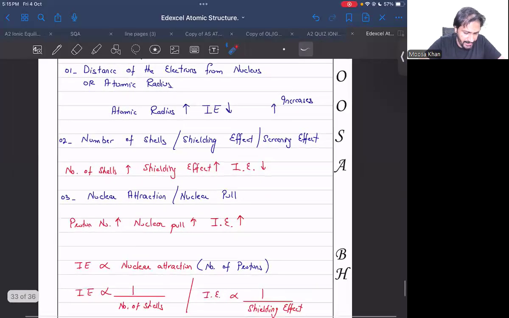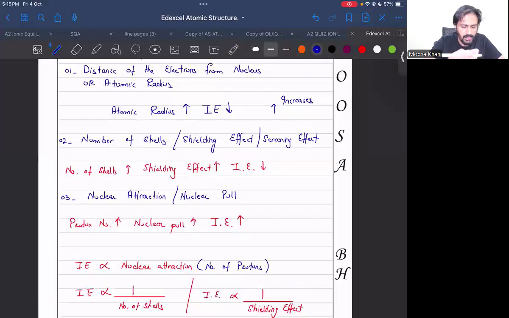And nuclear attraction: when the number of protons increases, nuclear pull or nuclear charge increases, so values of first ionization energy increase. Nuclear attraction can also be called nuclear pull, or nuclear charge. So these are three names for the same concept.